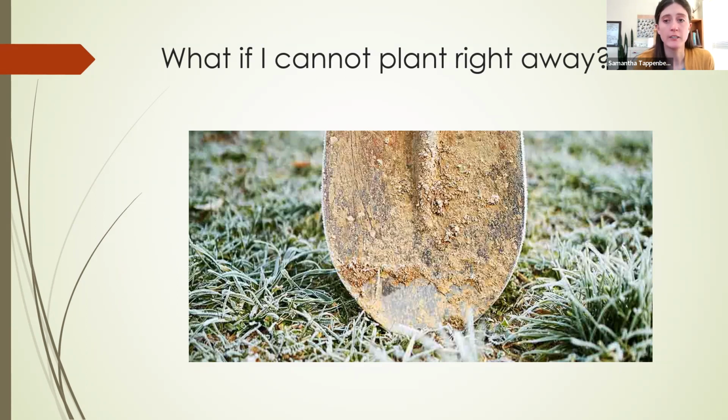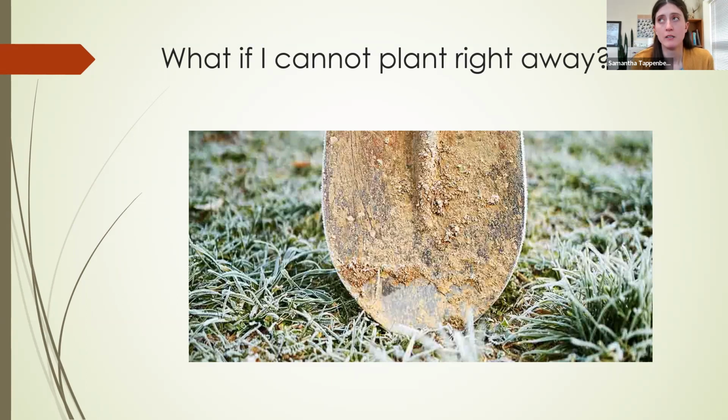The large container seedlings should be stored upright and outside. You can water them 2 to 3 times a week if they're thawed and can't be planted right away. You can put them in an unheated, buffered place like a garage or a crawl space, somewhere where it's going to be cool and protected from direct sun and wind.